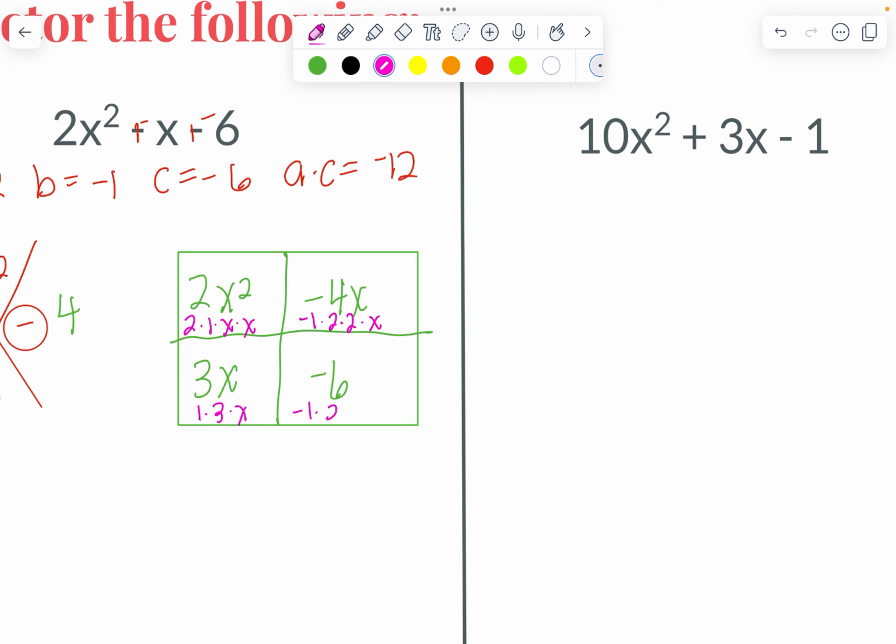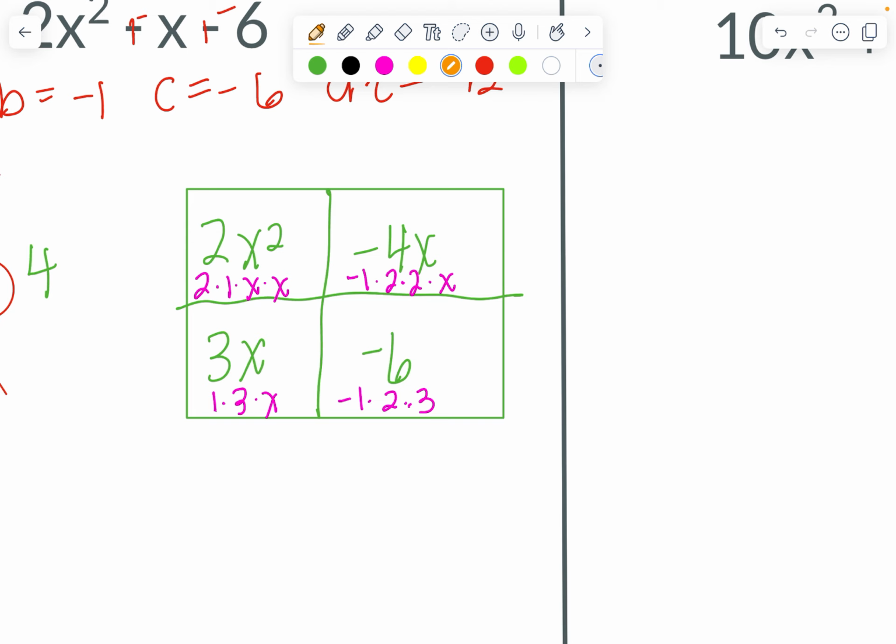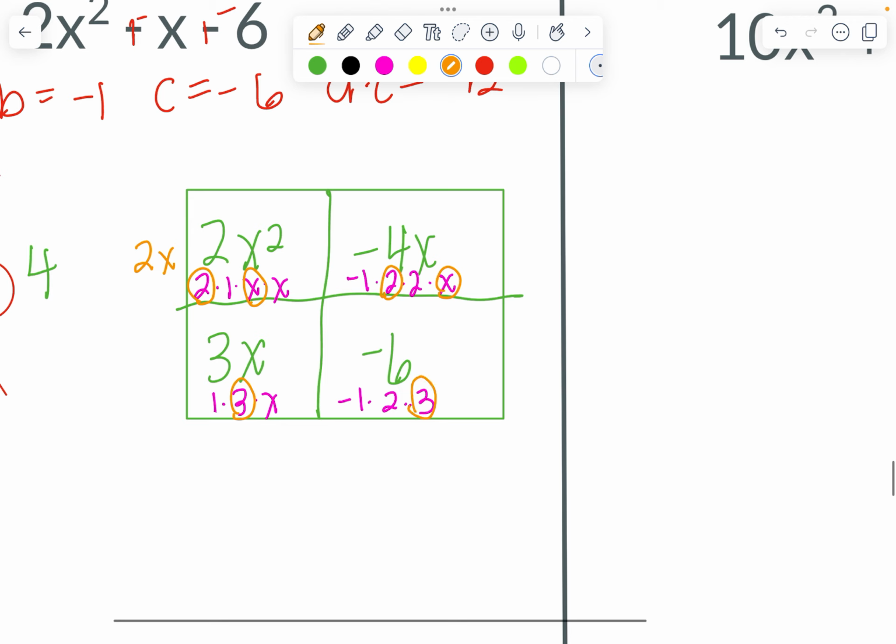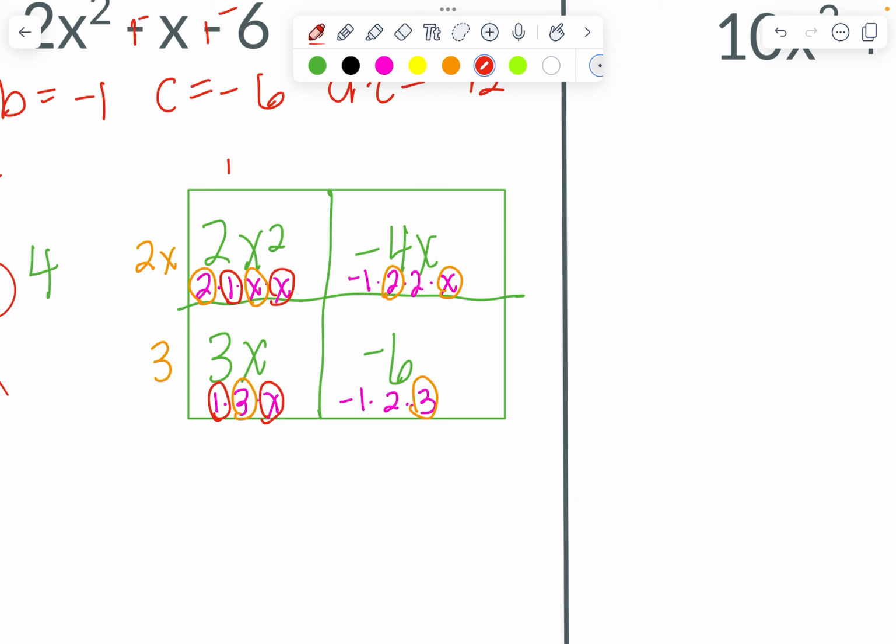And negative 6 is negative 1 times 2 times 3. So now looking for our GCFs. If I start in my first row, I have a 2 and an x, so 2x. My second row, I have a 3, so 3. My first column, it looks like I just have a 1 and an x, so 1x or just x. And then my second column, I have a negative 1 and a 2, so negative 2.